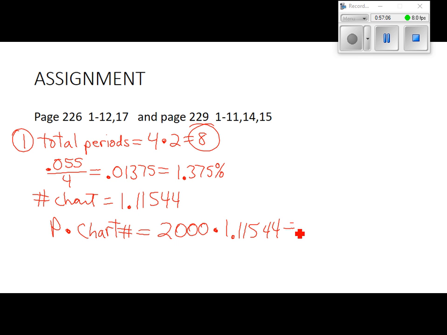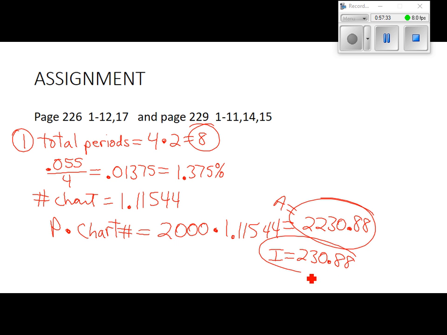What's that give us? 2230.88. That's how much money he has in the account after 2 years. So his interest would be $230.88 after 2 years.